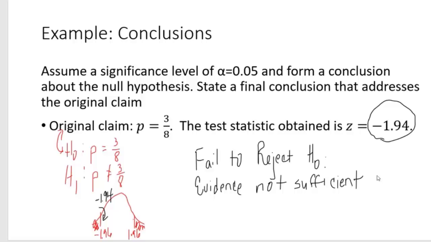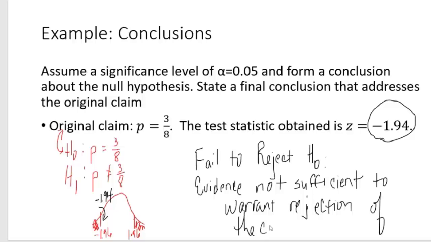The evidence is not sufficient to warrant rejection of the claim. And now I'm just going to put an ellipsis here, but it would be of the claim that the true proportion of the population is 3/8.